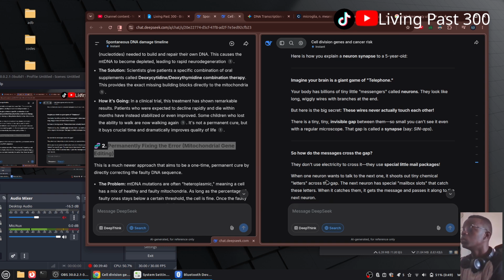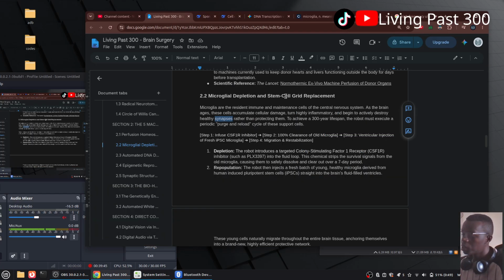It's like a gap between two neurons. When billions and billions of those synapses are firing together, exchanging information, that's how you can think, reason, and recall things. So when these microglia are aging, they start to destroy your thoughts. You start to forget things, and your brain is weak. So we need a periodic system of reloading, introducing new ones.